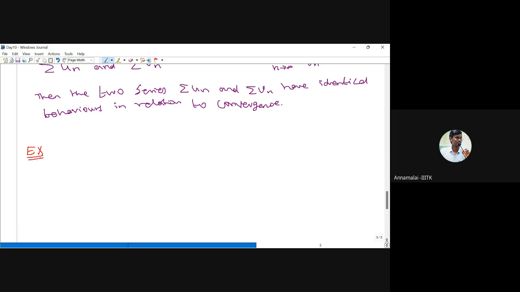Now the first one. Examine the convergence of the infinite series summation 1 by n square plus a square. Now tell me, is this convergent? You have to apply the comparison test.